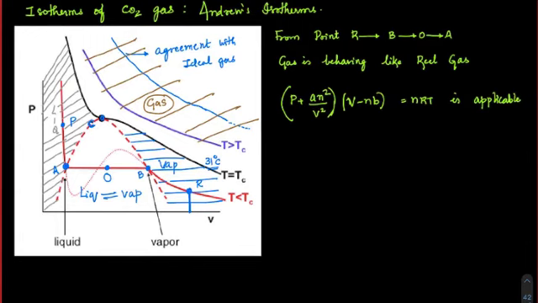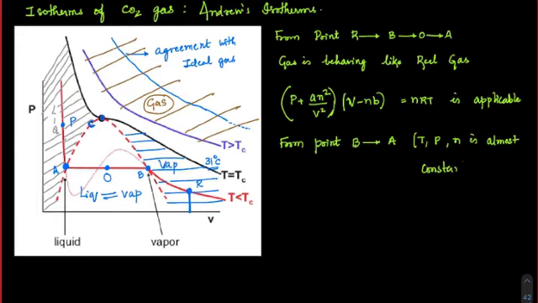We are operating at a constant temperature because these are isotherms, right? And from point B towards A, hardly any pressure is also changing. So at these 2 points, pressure and temperature are almost constant. From point B to A, temperature, pressure, number of moles are almost constant.